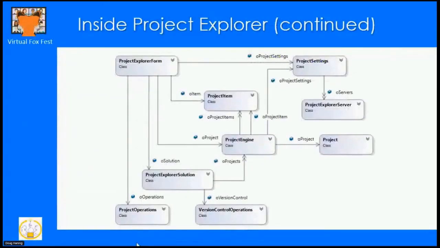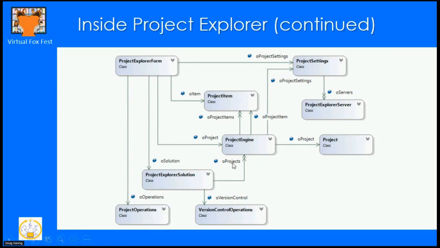Project Explorer Form has a member called OSolution. That is an instance of the Project Explorer solution class. This is the solution, and the solution object knows how to do things with the project, like building a project, or what projects are in the project, or doing version control stuff, things like that. So it's kind of like the engine class that knows how to deal with projects, with solutions.